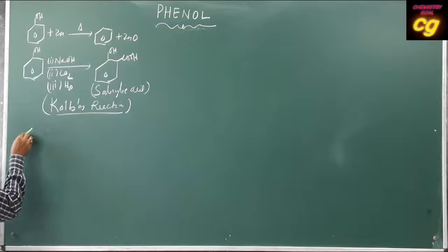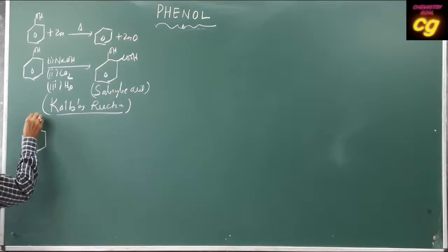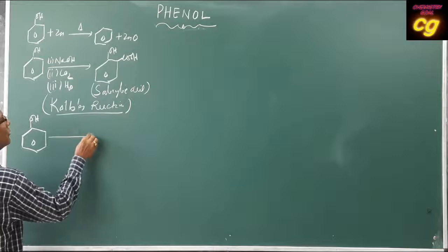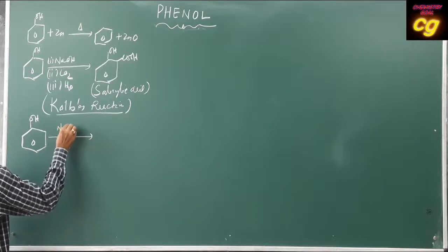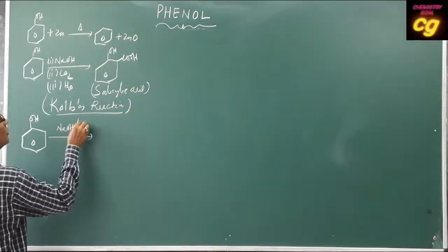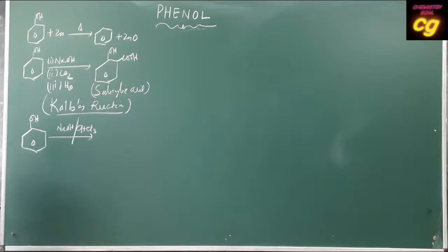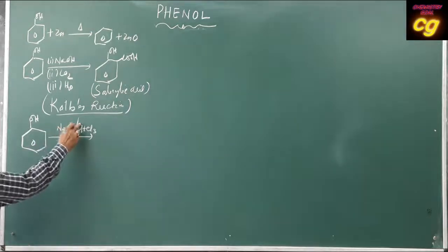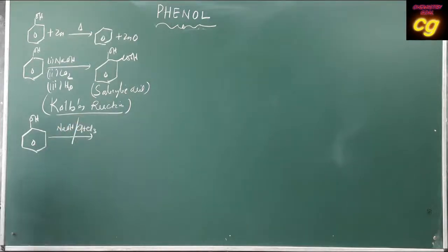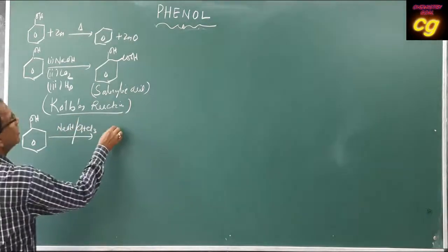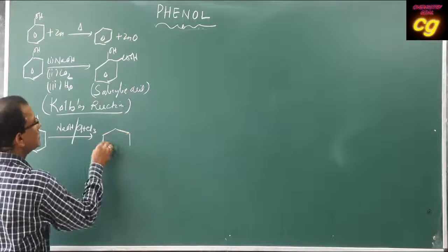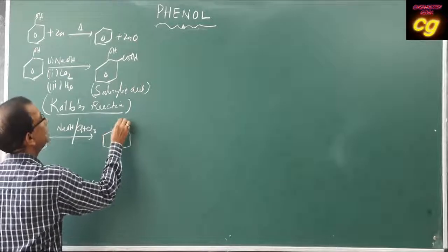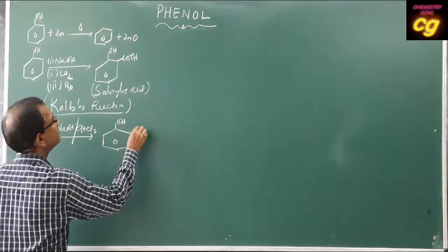Phenol reacts with sodium hydroxide, then chloroform, sodium hydroxide and chloroform. Then the product is salicylaldehyde, an aldehyde derivative.